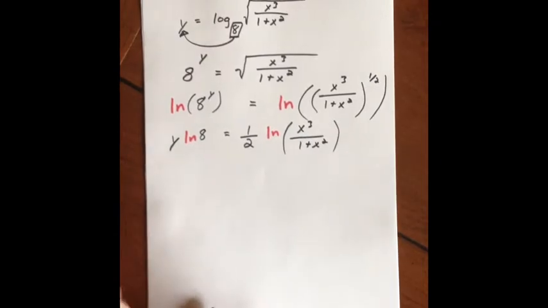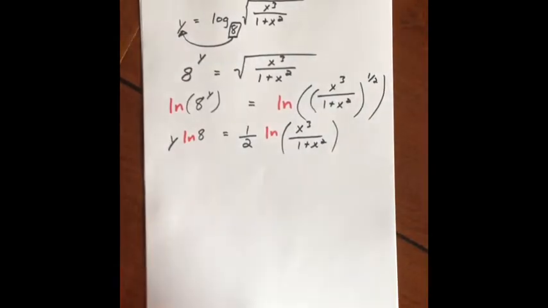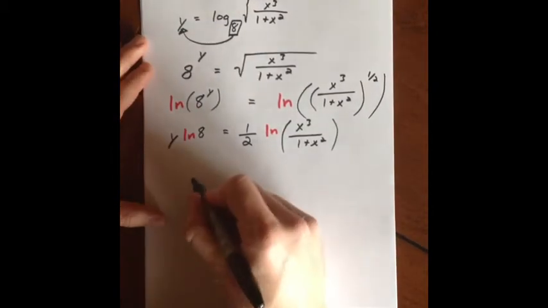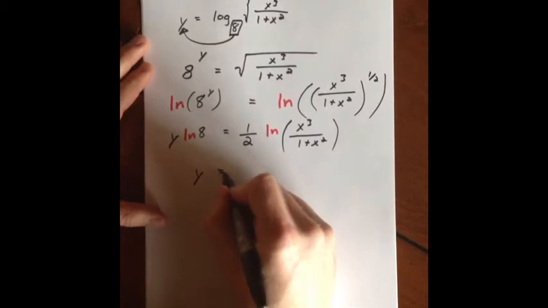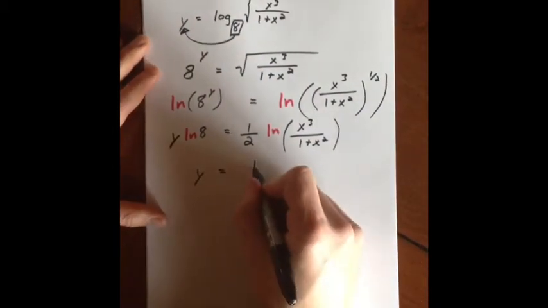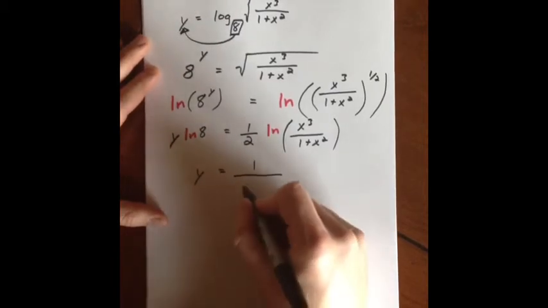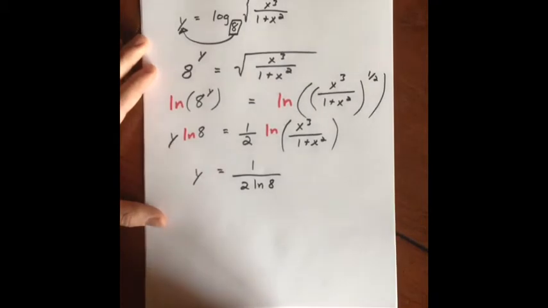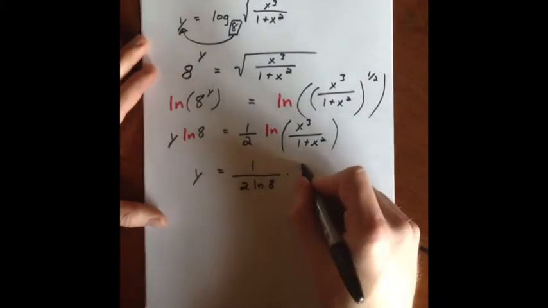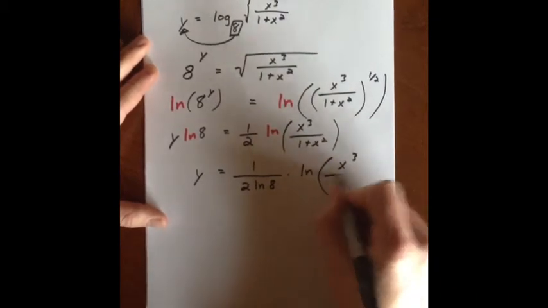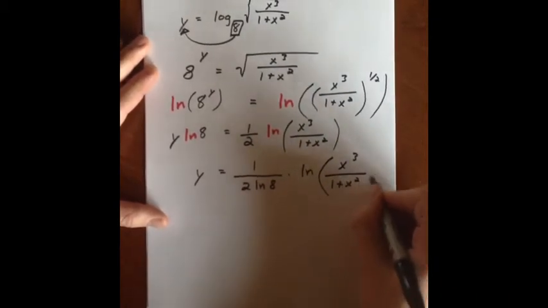Okay, so we haven't done any calculus. The goal is to find y prime. So that's no big deal. I'm going to go ahead and isolate y before I find y prime. So this is y equals 1 over 2 natural log 8 times the natural log of x cubed over 1 plus x squared.